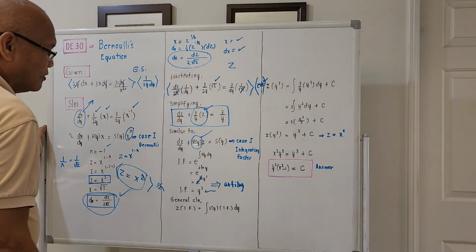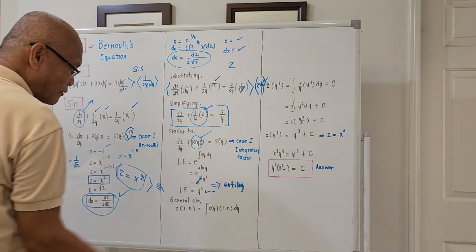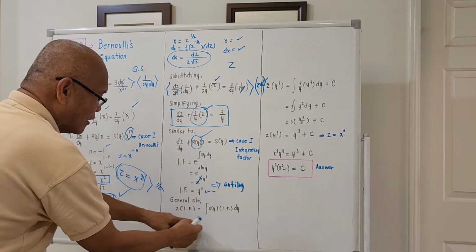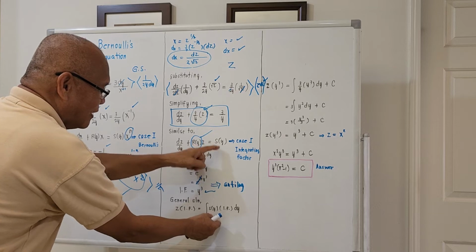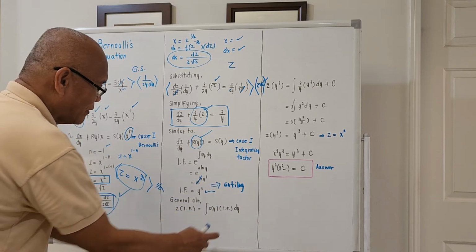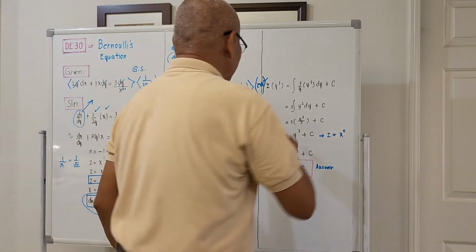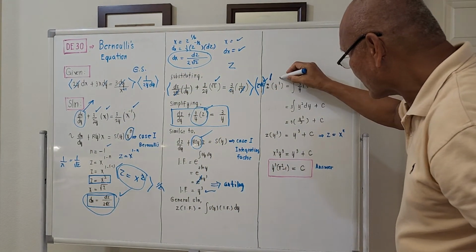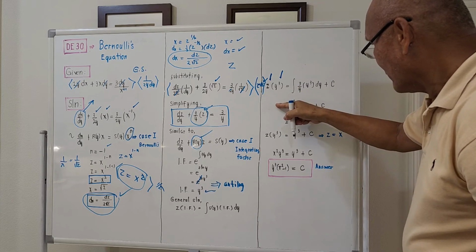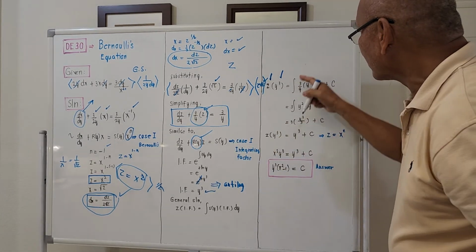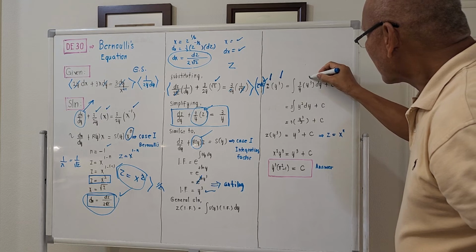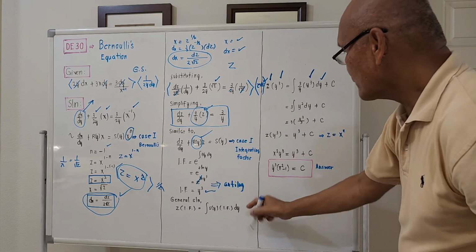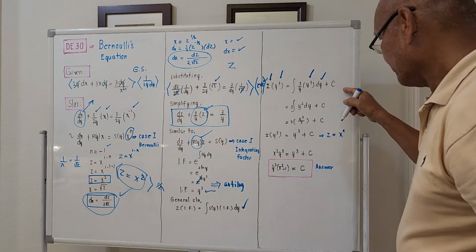So the general solution is z times integrating factor equal to the integral of s of y, the given right hand side, times integrating factor multiplied by dy. Substituting, z times y cubed equals the integral of 3 over y times y cubed dy plus c.